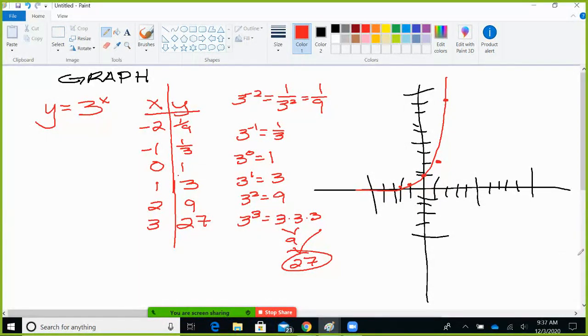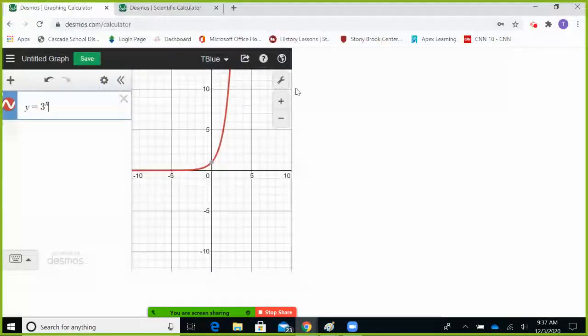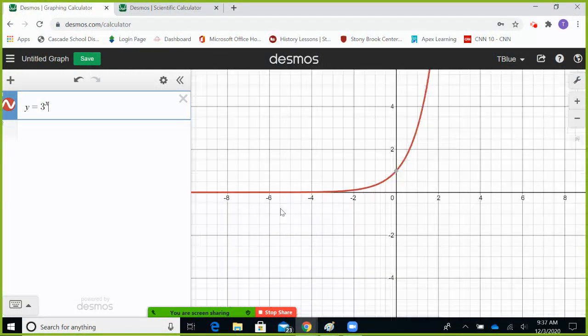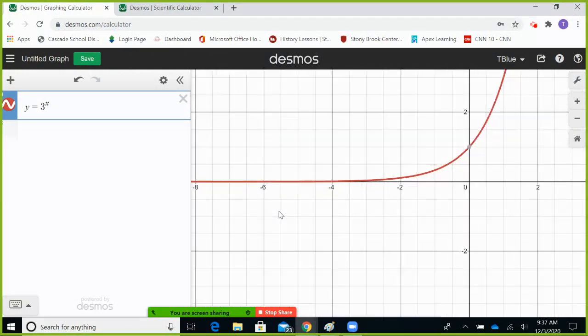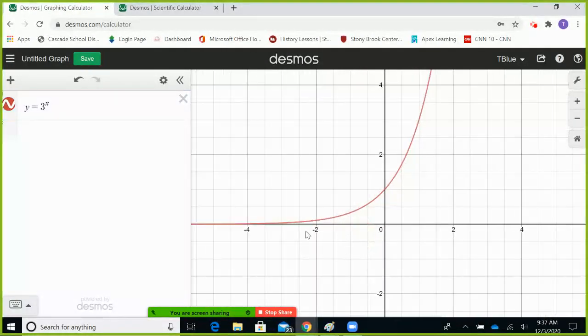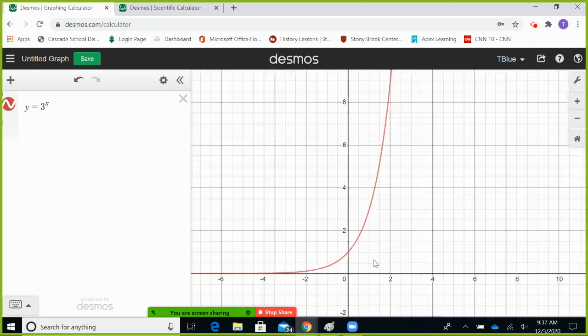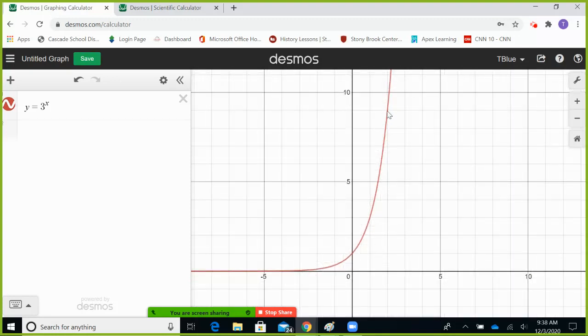And if we look, I don't know if this is going to be pixelated, but here is the Desmos. There it is. There is our y equals 3 to the x right there. -2, 1/9, -1, 1/3, 0, 1, 1, 3, 2, 9 right there.